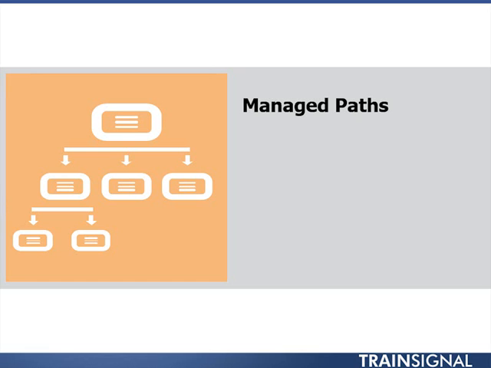So what exactly is a managed path? Managed paths are not connected to content, but they are managed locations where content will be created. In other words, we're going to identify exactly where our content is going to live, where on that SharePoint server in that content database SharePoint will be able to find that data.